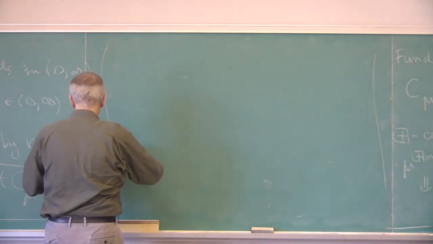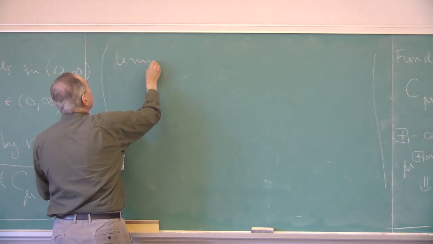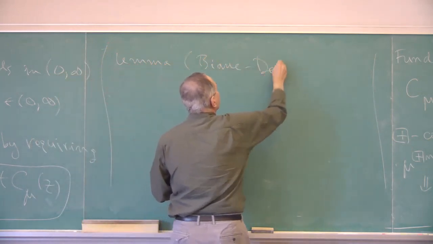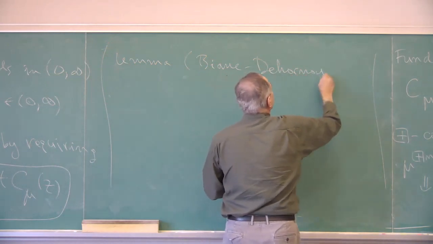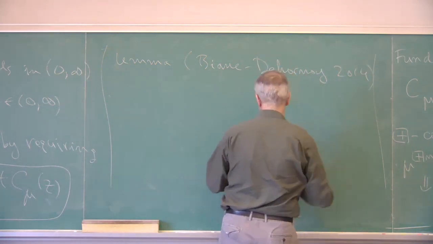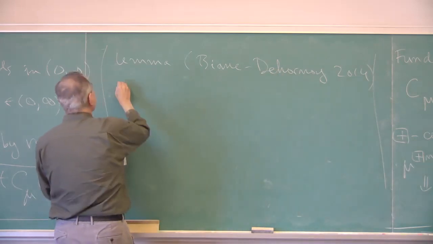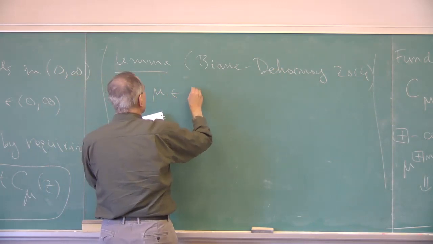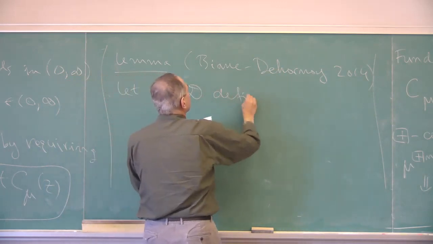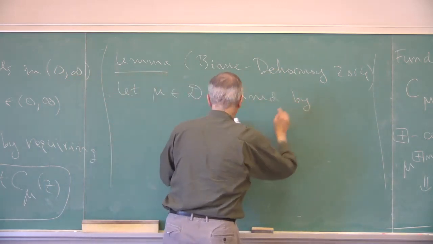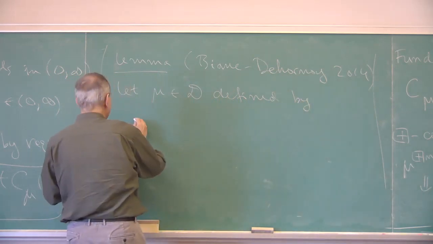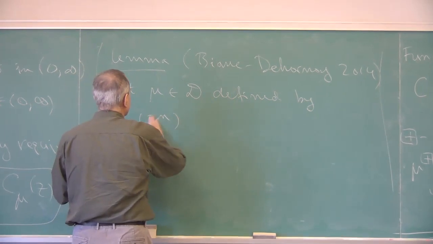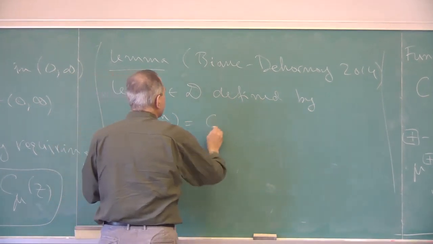There is a lemma proved by Bian and de Hornoy in 2014, and it says this: take the mu which is defined by forcing the moments to be square Catalan numbers.